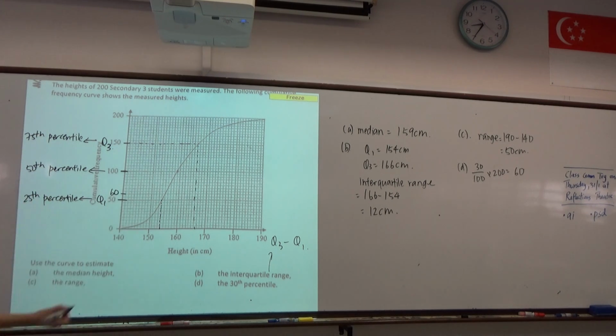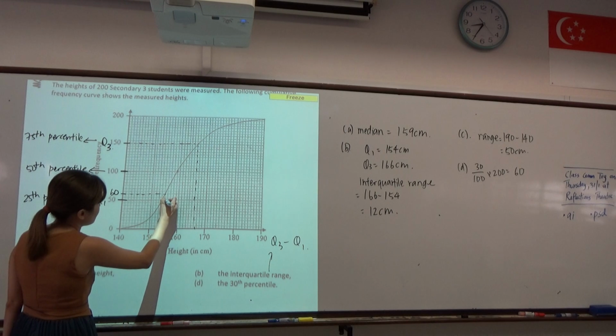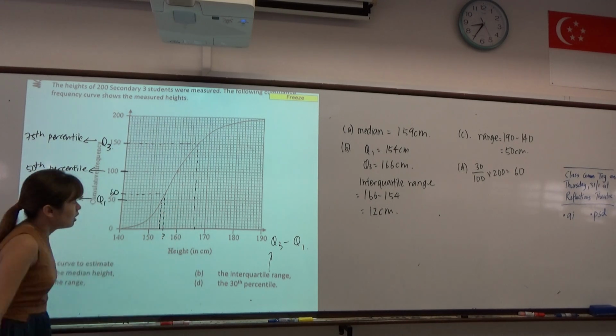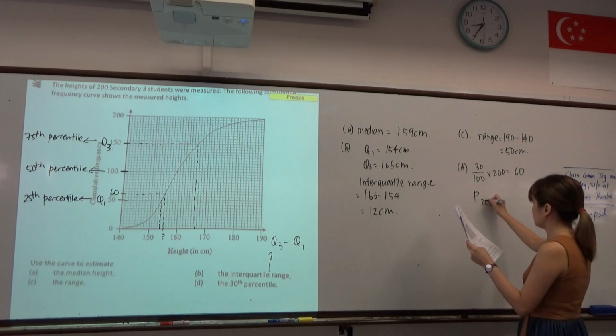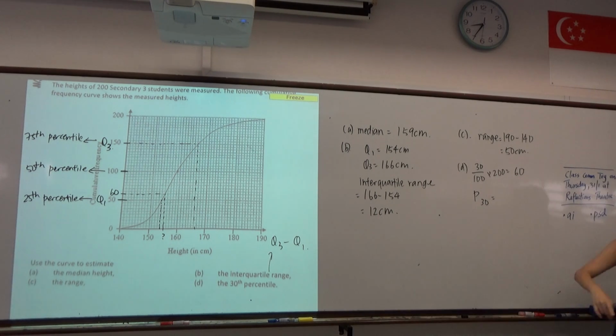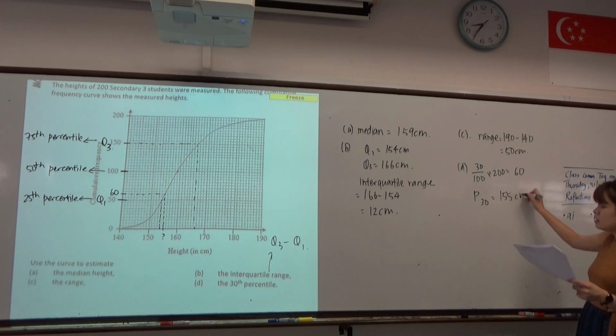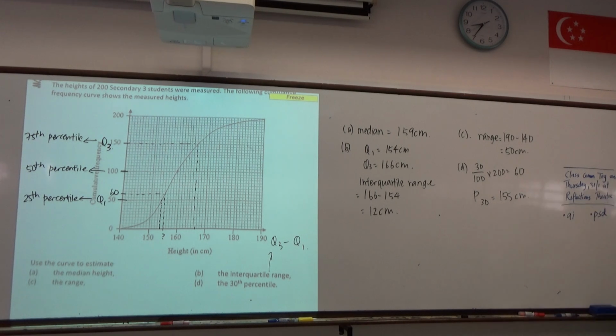And then don't forget to read off, and that will be 155. For percentile, we denote it with a capital letter P, and the number is at the bottom, 30 for the 30th percentile. So that will be 155 cm.